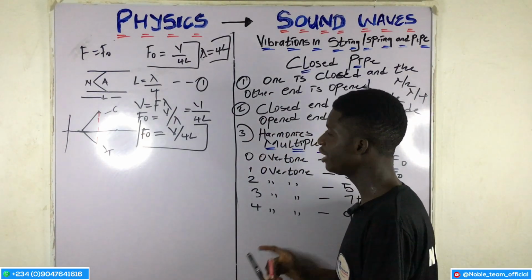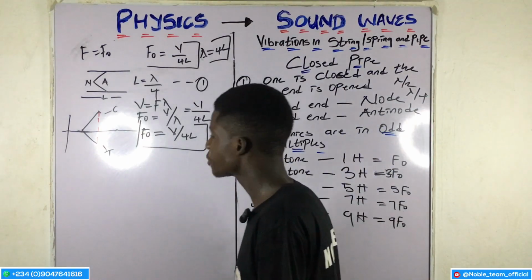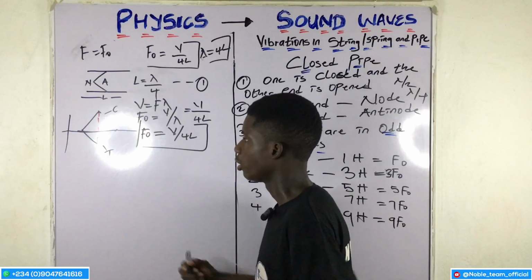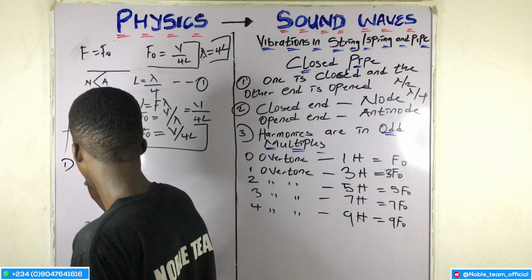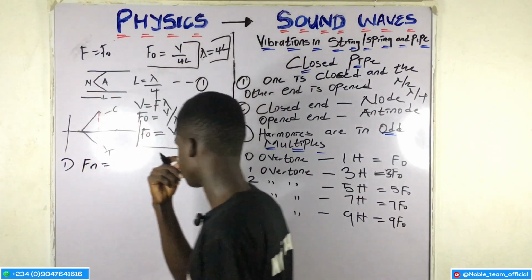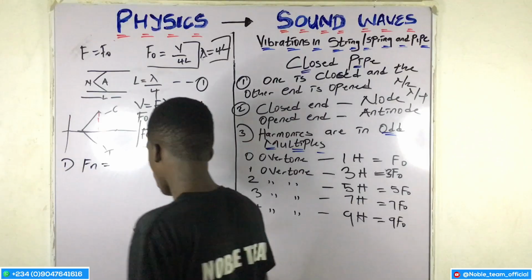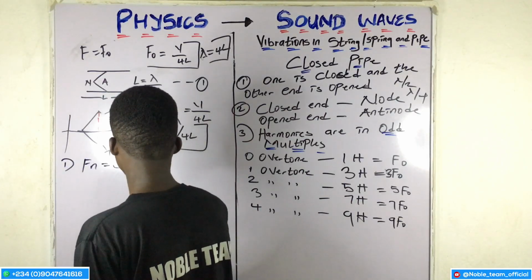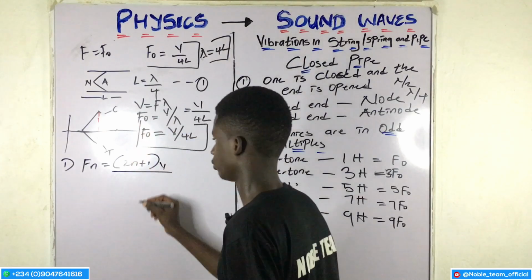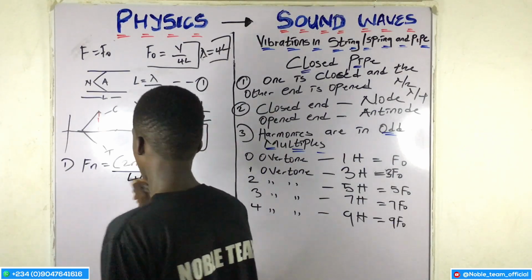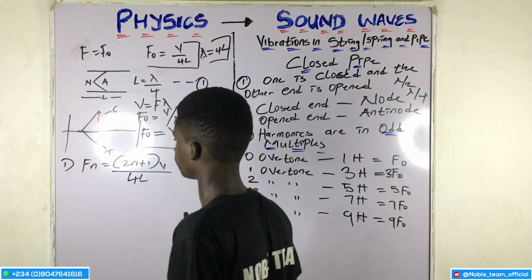Now in a closed pipe, pay attention, we have these formulas that you need to take note of. Fn is equal to (2n plus 1) over 4L, the other one is 4L.